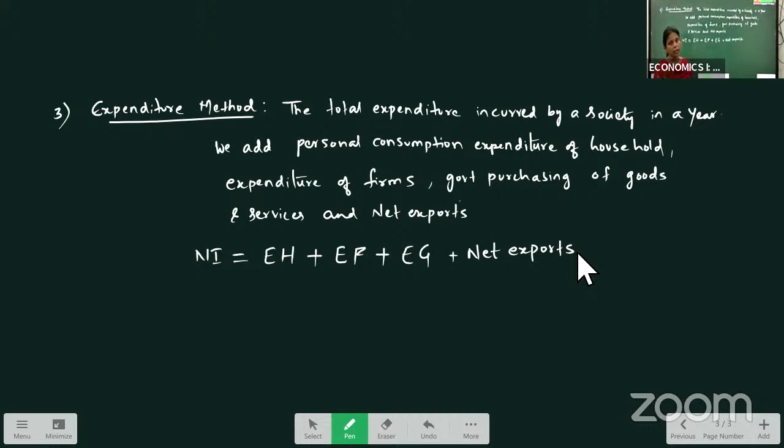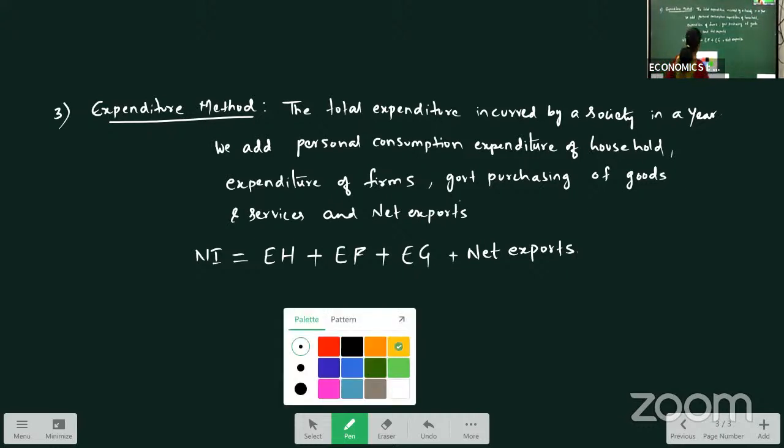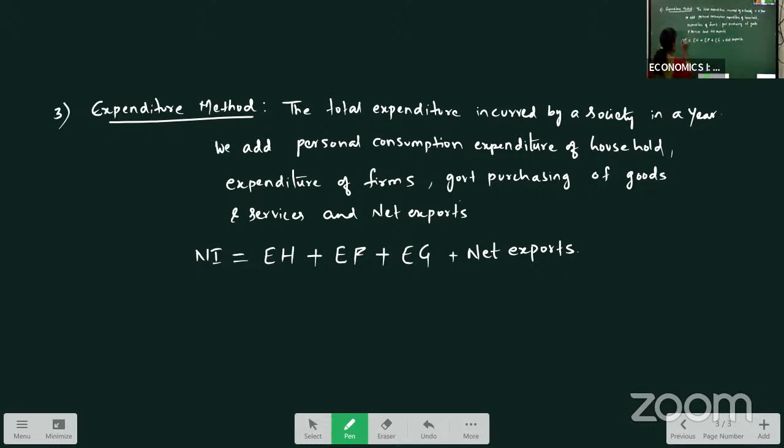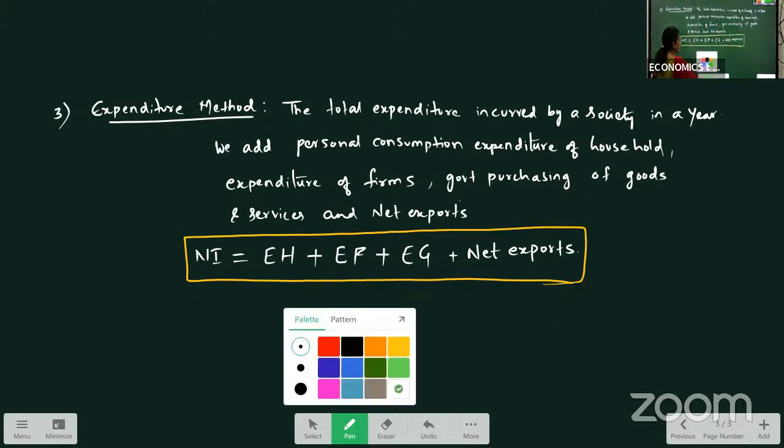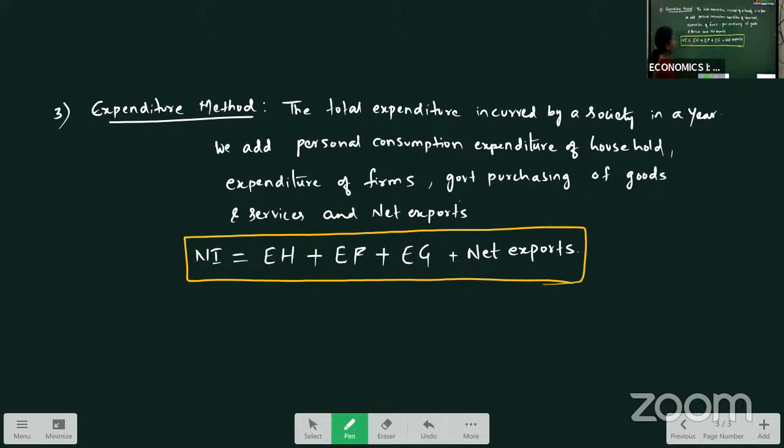So we incur certain expenditure for that. So net exports we will consider. So this is the formula under expenditure method. National income is equals to expenditure of household plus expenditure of firm plus expenditure of government plus net exports. So this is the expenditure method.